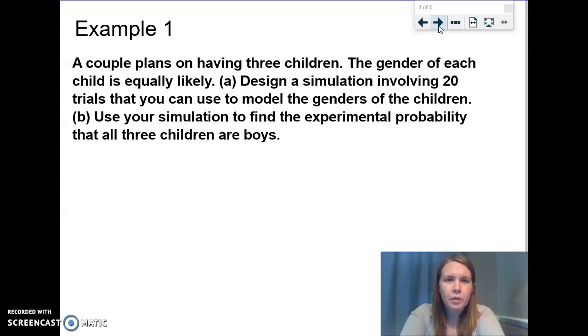B, use your simulation to find the experimental probability that all 3 children are boys. Okay, so we want to know then, once we do this whole experiment, how many of these situations end up resulting with all 3 of the children being boys.